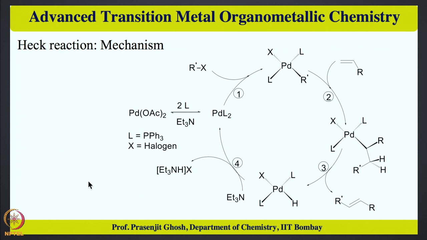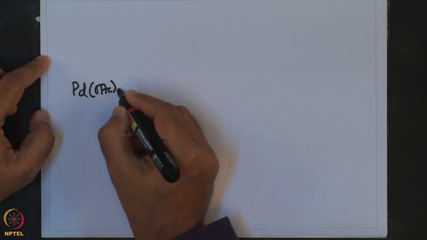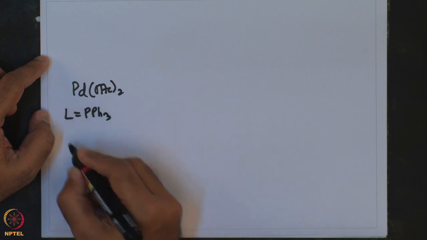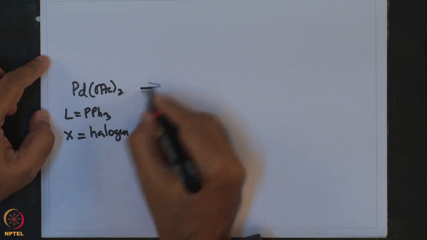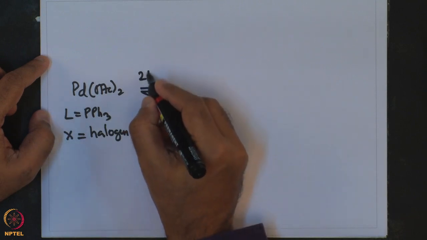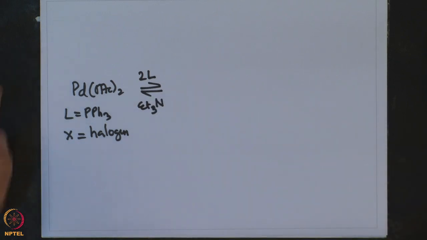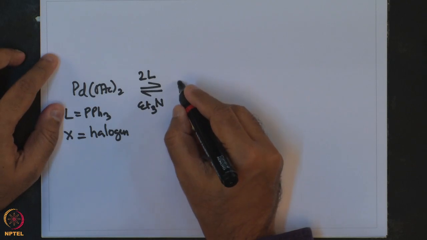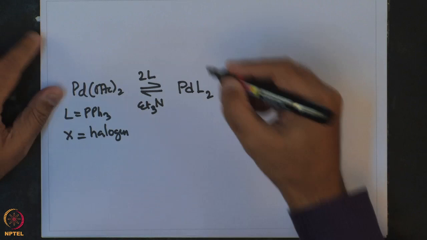So, the precatalyst over here is a palladium 2 species, palladium bisacetate, L equals PPh3, X equals halogen, in presence of twice L and Et3N, giving the palladium 0 PdL2 species.